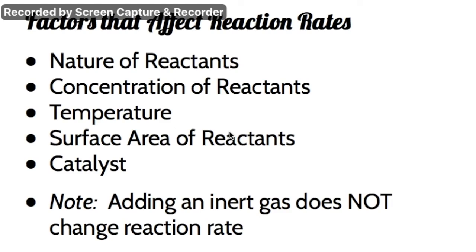Adding an inert gas, a non-reactive gas like helium or nitrogen, won't change the rate of reaction. If one of the reactions we looked at has nothing to do with a gas that's added, and you think, why should adding hydrogen do anything? It probably doesn't in terms of reaction rates. So, just one small note, don't worry about those things.